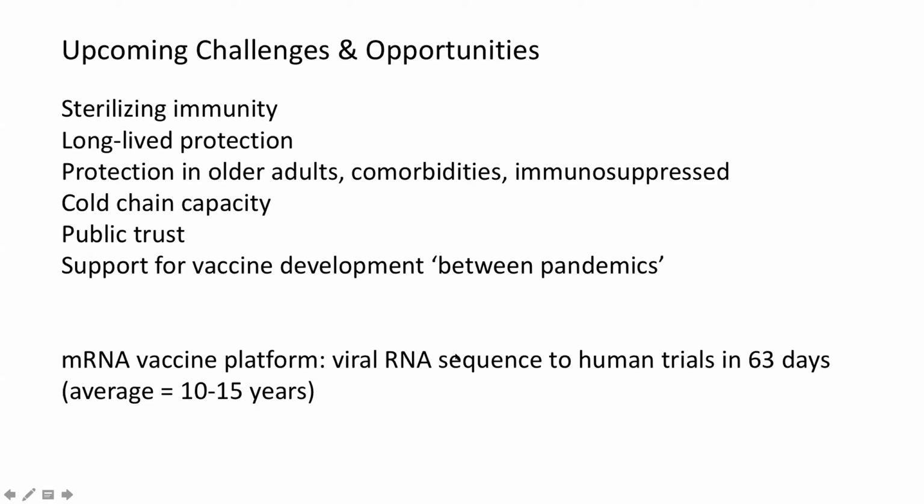For Moderna, from knowing the sequence of the viral RNA to human trials took 63 days. The average for getting a vaccine after a pathogen is discovered is 10 to 15 years. So there is tremendous speed at which these have come about because these platforms were already being studied. All right.